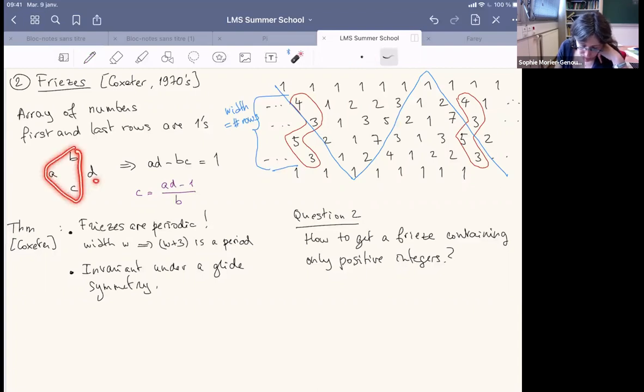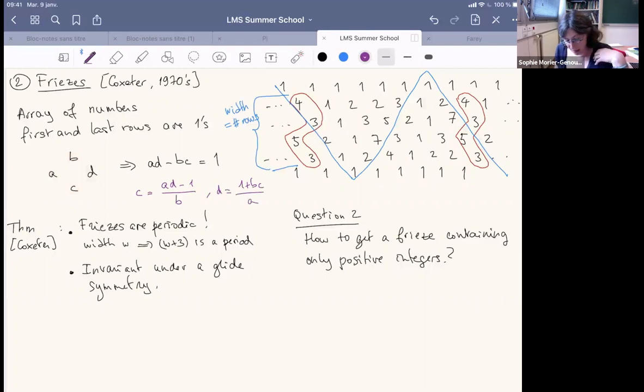If you know A, B, C and you want to compute D, you need to do 1 plus BC over A. This formula has the advantage that there is no negative sign, so if things are positive, it remains positive. With the other formula, it's not clear what could happen because there is a negative sign, so maybe you will get some negative value. So it's really not obvious how to get positive integers inside the frieze.